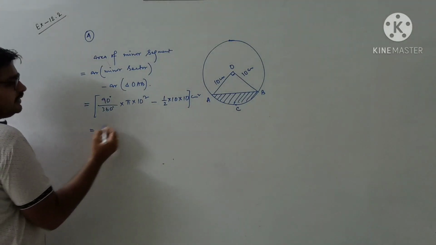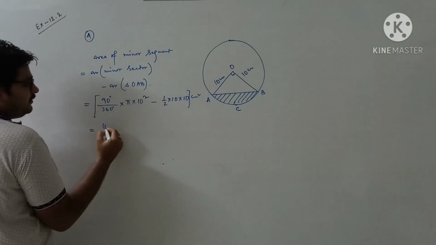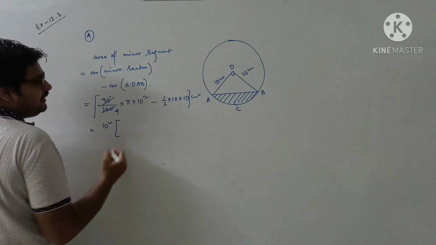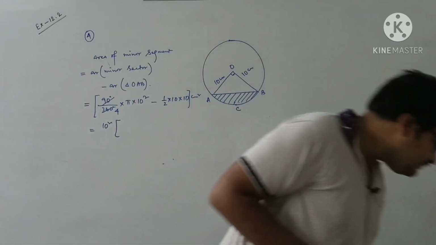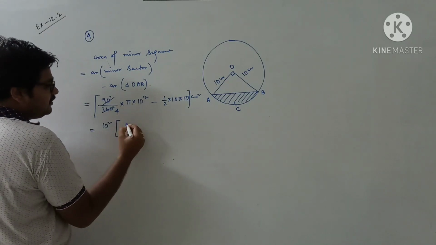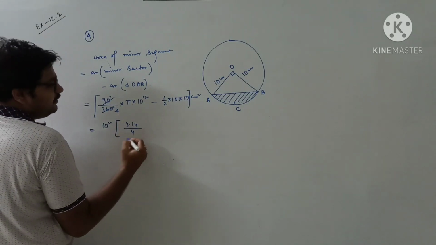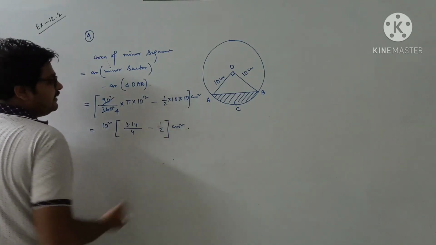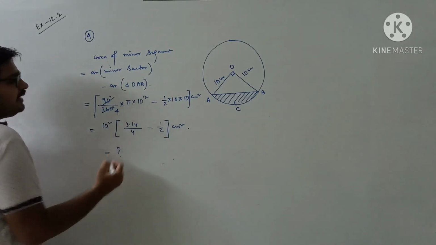Now 10 square we can take as common. This means 1 by 4 pi. Is any value of pi given? Yes, we have to use 3.14. So it will be 3.14 by 4 minus 1 by 2. I think the leftover calculation you can do yourself.